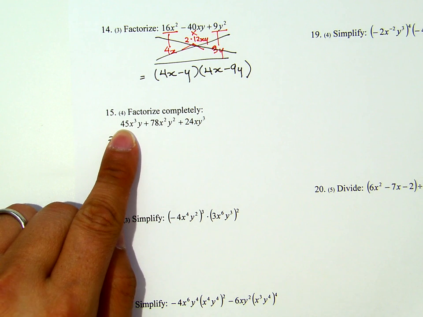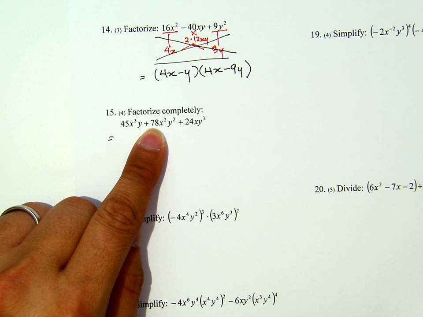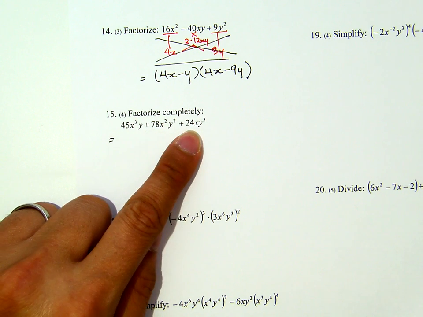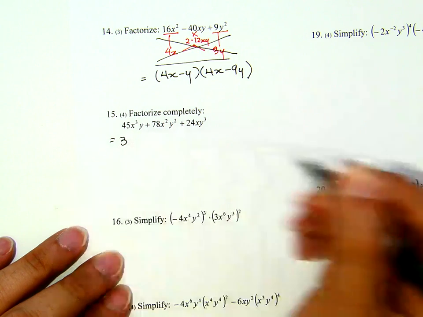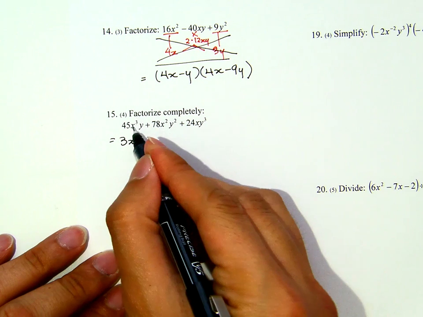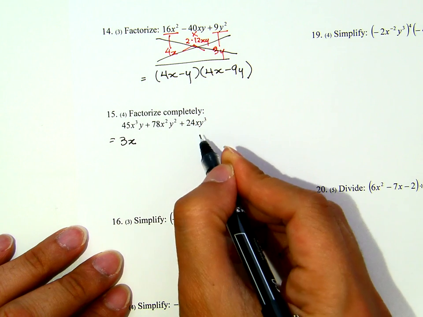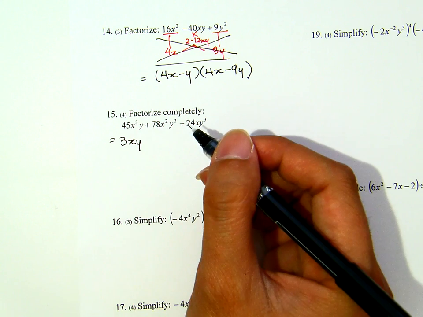Well, because 45 is multiple of 3, 78, 7 plus 8 is 15, it's multiple of 3, right? So 78 is multiple of 3, 24 also multiple of 3. So I will take 3 out, and as for the x, I will take x out, right? Because that's the lowest exponent, that's the one they have in common, and I will take y out also.